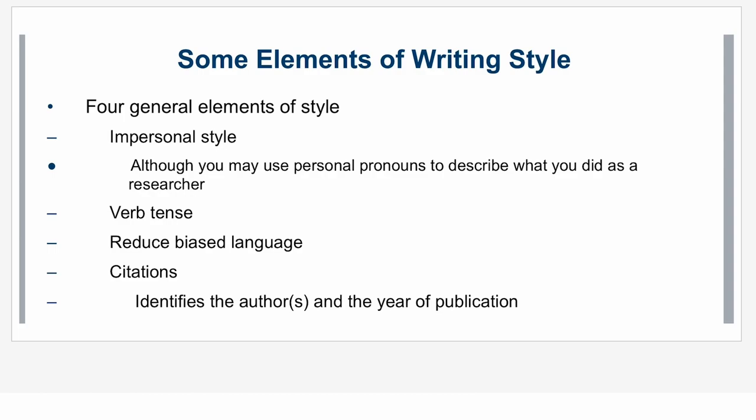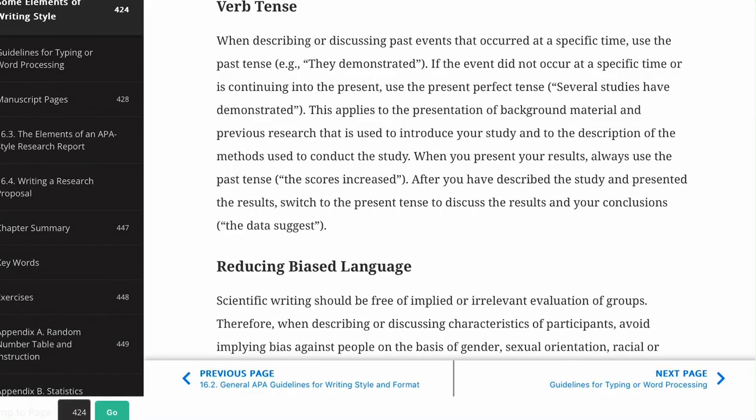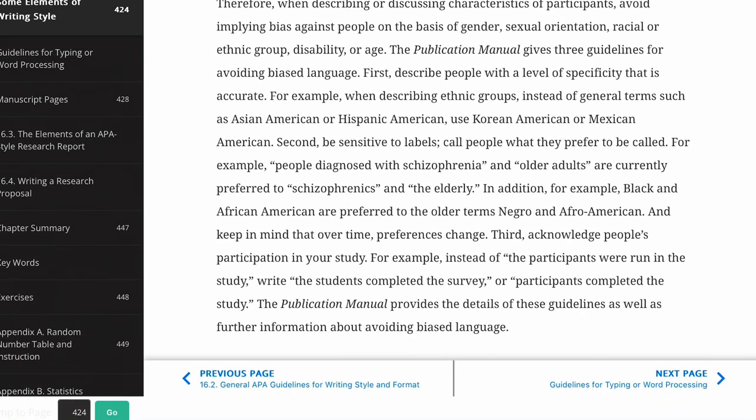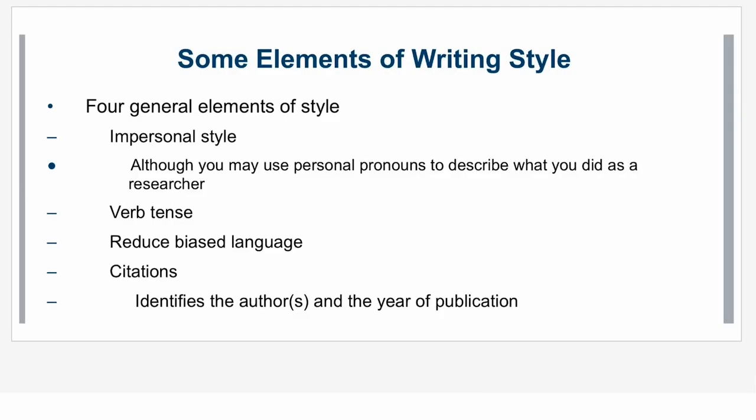Your book has a great example of all of that in this paragraph. It also talks about acknowledging that actual people participated in your study. So instead of saying the participants were run in the study, you would say that the students completed the survey. Because they are people, they're human beings, it all comes down to respect.